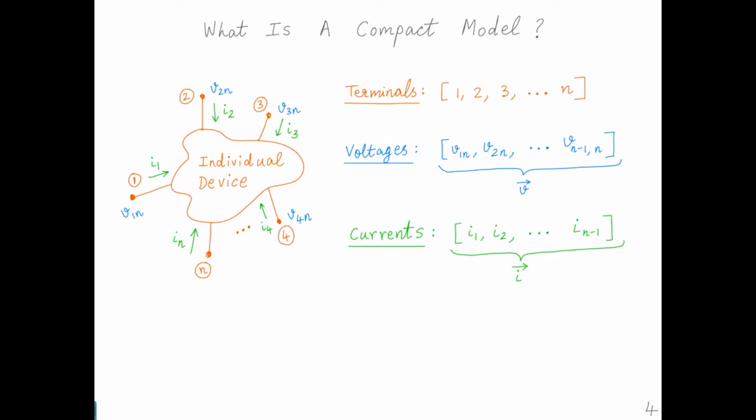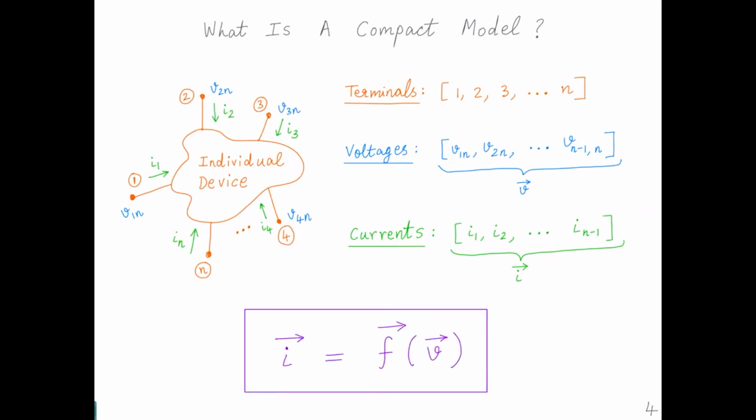So you just have to consider n minus 1 currents. Similarly, I denote these currents I1, I2, and I(n minus 1), and I stick them into a vector and call it I. And there is a mathematical model that relates the currents to the voltages.